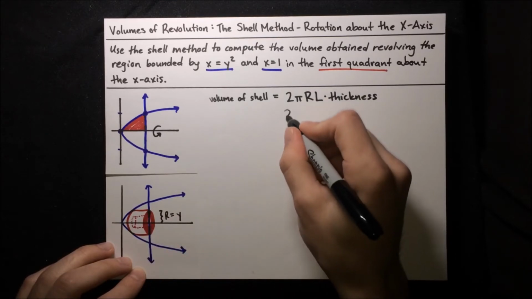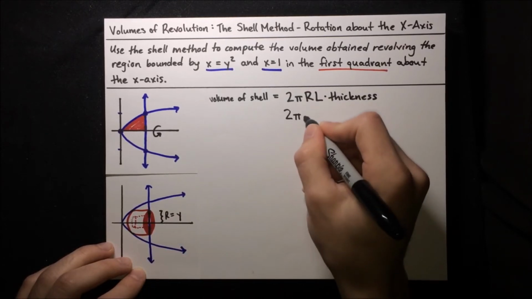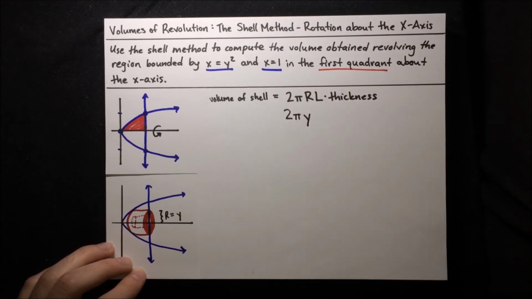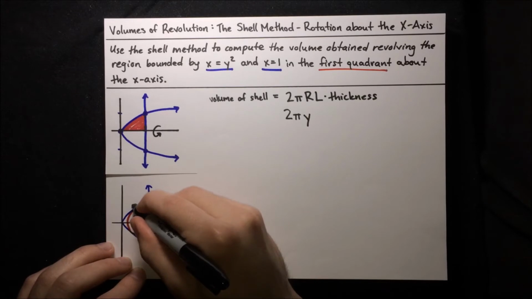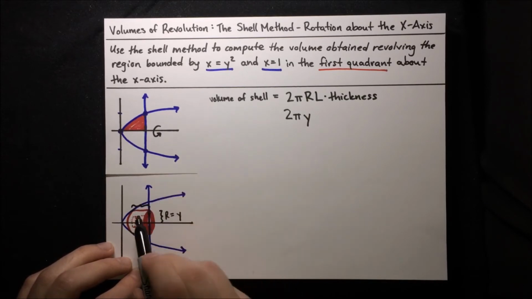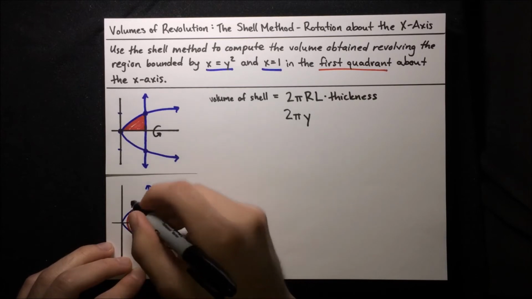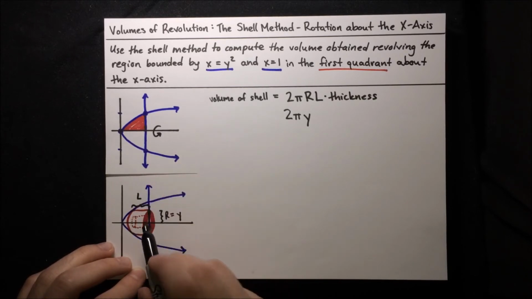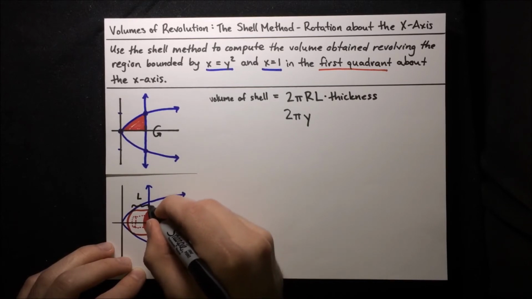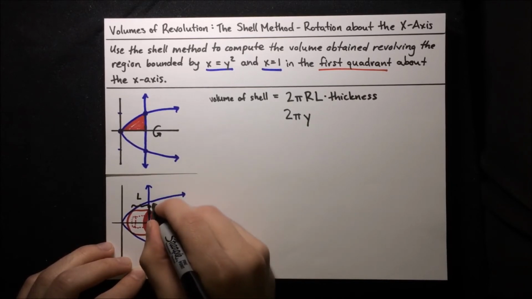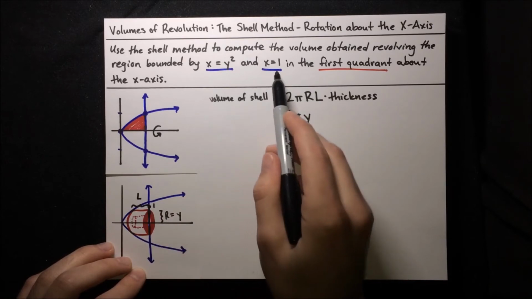Alright, so we've got 2 pi times y. Now how about the length? So the length of a shell, again, is just this dimension here, the horizontal dimension. So that's going to be the difference in the x endpoints of the sides of the shell. So let's label this with length, and let's also figure out what the endpoints are here. We already know that this endpoint over here is when x is 1, because that's the line x equals 1.